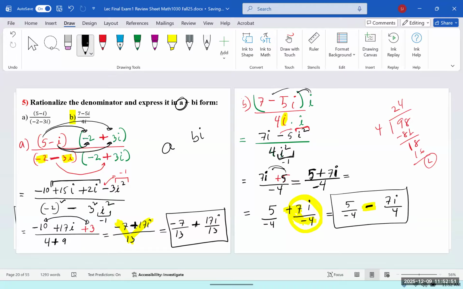They are not like terms, just like 5 plus 7x. You cannot combine them. So keep your 5 and 7i. The only thing you can do is split the denominator. That's the only thing we can do, but you cannot combine them.